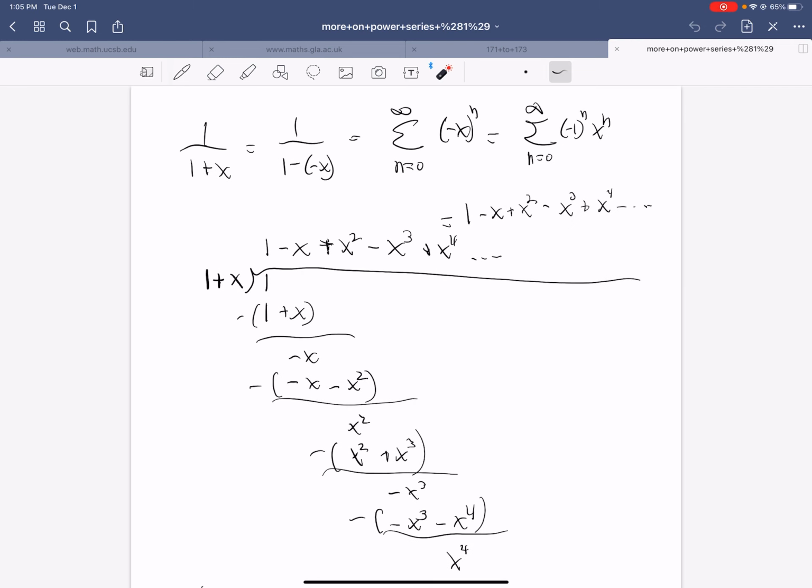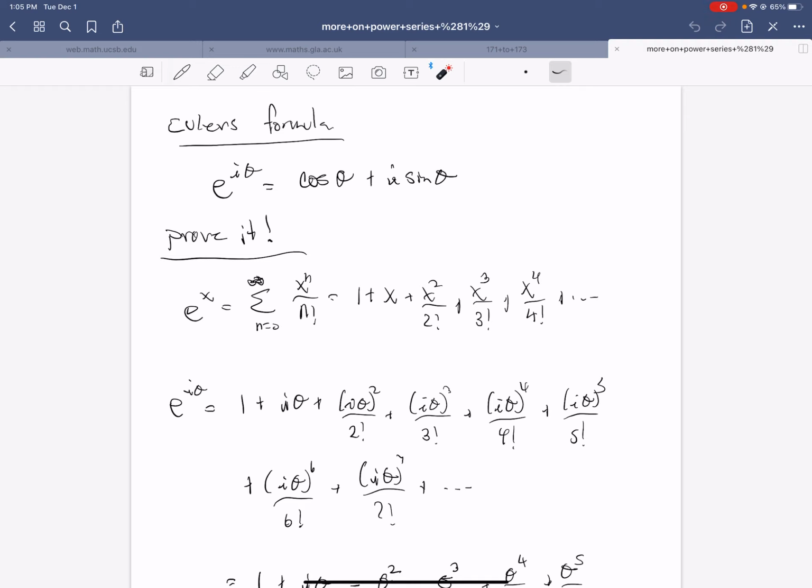The next one is a very famous formula. It's called Euler's formula. And the reason it's so cool is it relates an exponential function to trig functions. And the reason that this should seem really rather odd is that exponential functions usually look like this.